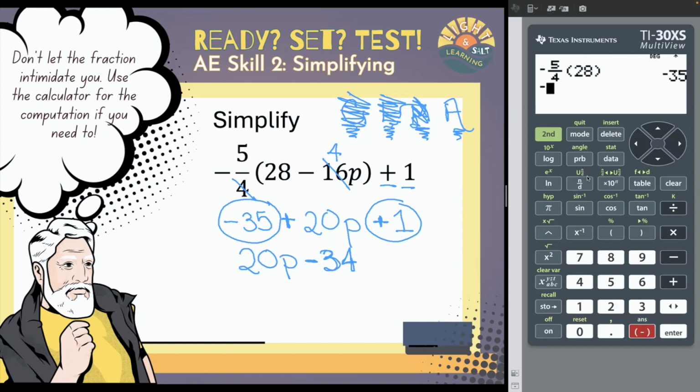And if I had done -5/4 times, what was it? Negative 16. You can see that indeed I would get positive 20, like I had positive 20p. And now if I did negative 35 plus 1, I would get negative 34.